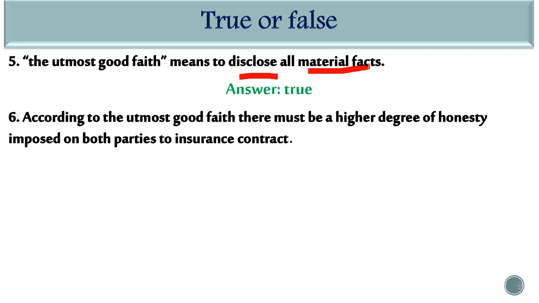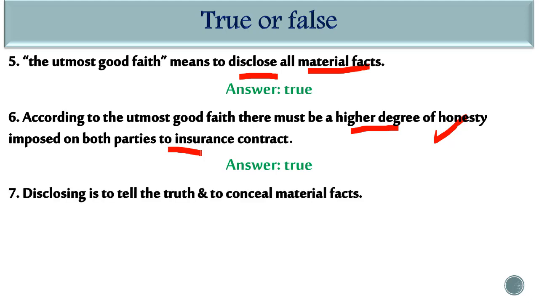We just say all parties of insurance contract, the insured and the insurer, are required to disclose all material facts relating to contract, where a higher degree of honesty is imposed on both parties of insurance contracts. So that question is also true.